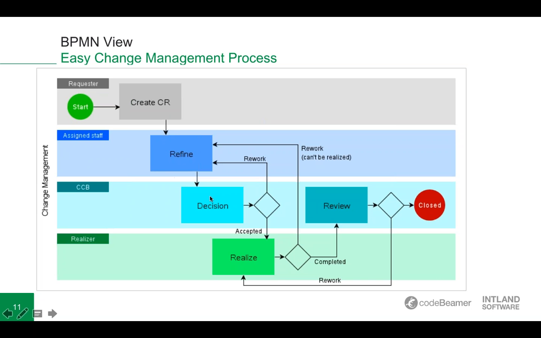Then he will put that to the change control board, where a decision is made either to rework or to accept, and then it's somewhat at the realizer level getting completed. It's sent to review and either put back to realize, or maybe even he finds out that even though it was accepted, it can't be realized and will go through that loop again. And at the end, it will be closed.